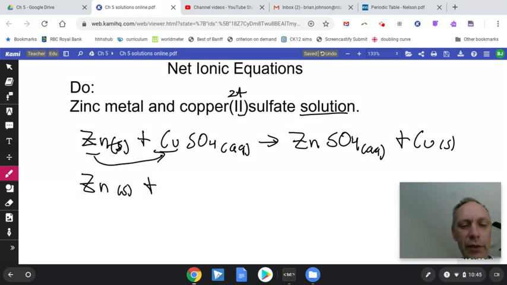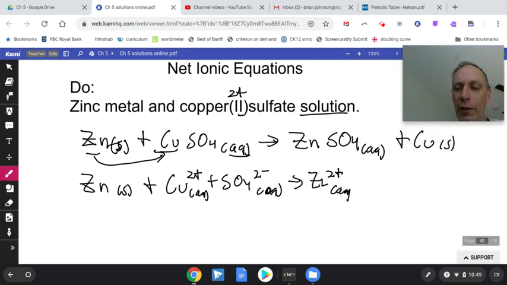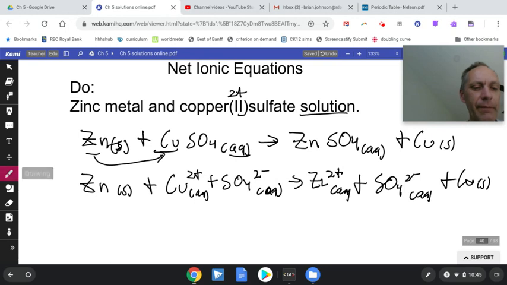Zinc solid. Dissociate all aqueous high solubility ionics. And last one, copper solid. Okay, get out my canceling pen.